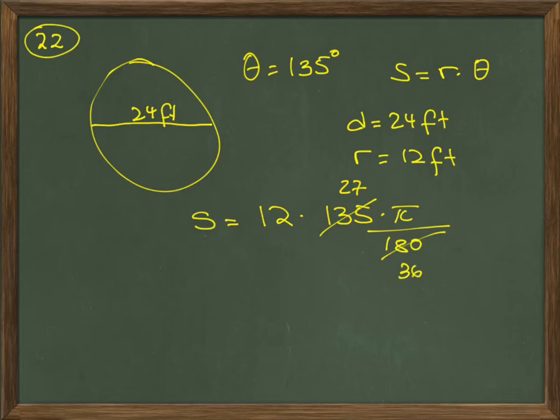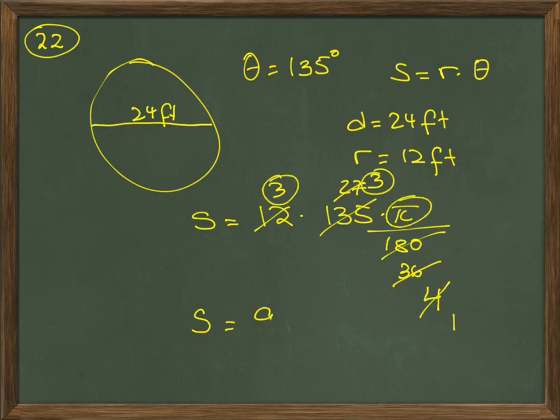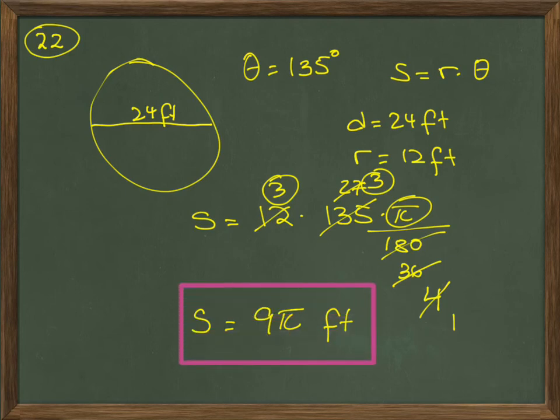Then we can reduce by 9. 36 divided by 9 is 4. 27 divided by 9 is 3. And we can reduce the 4 now. It goes into 12 3 times. And what we have left is this 3, that 3, and pi. So 9 pi feet is the correct answer. And that would be A.